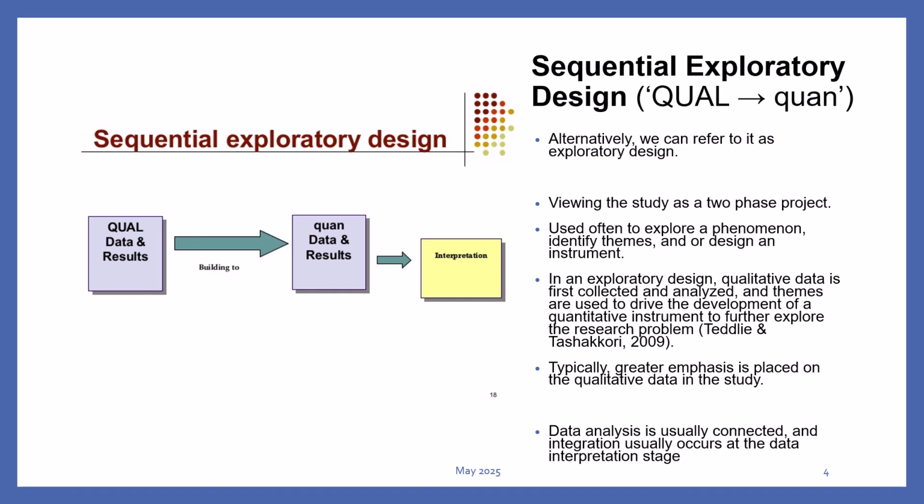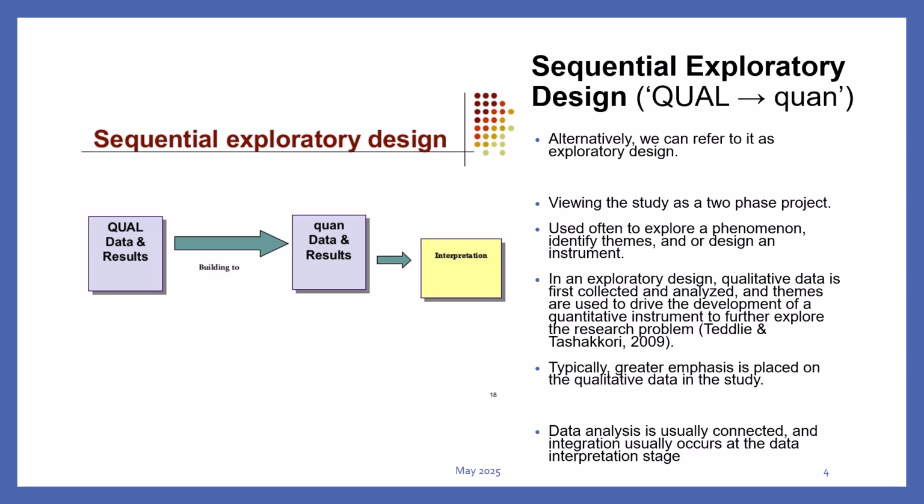And as you can see, qual is written in uppercase letters, which means that the priority or dominance in addressing the research aims or answering the research questions in such a study is given to the qualitative component or qualitative phase in the sequential exploratory design.